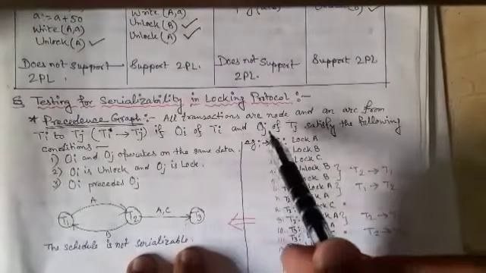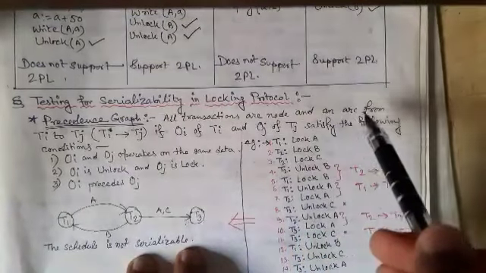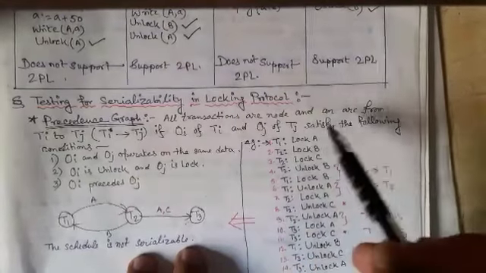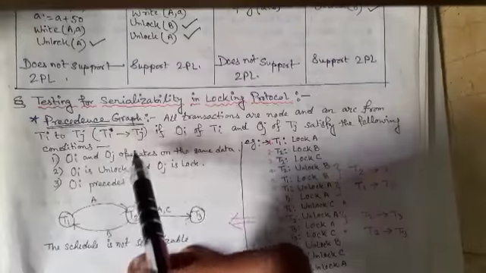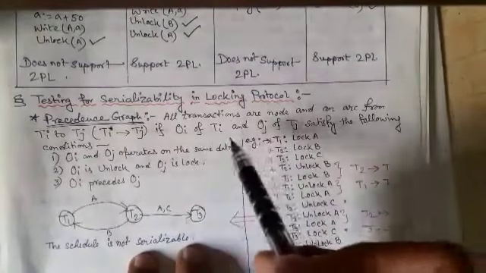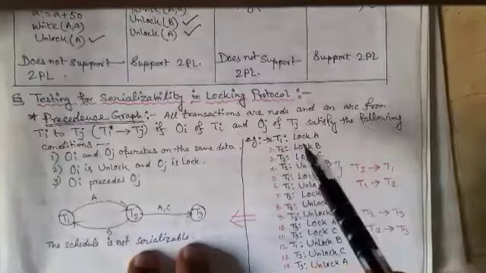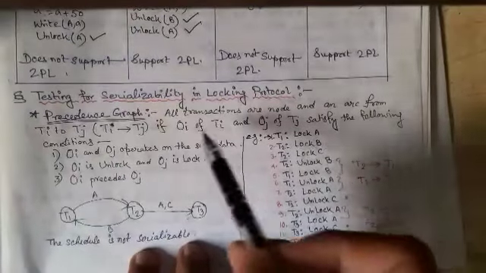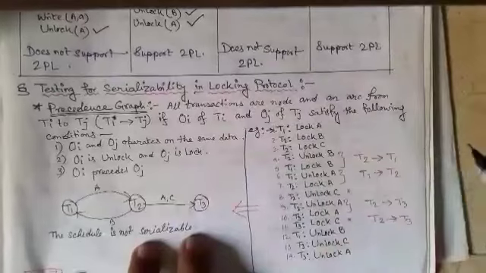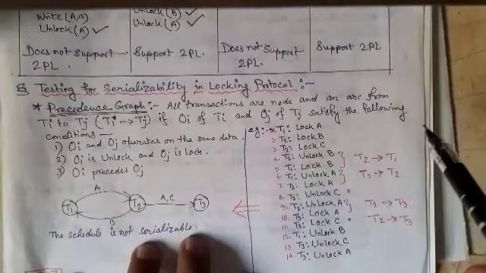All transactions are nodes, that is every transaction is a node, and an arc from Ti to Tj, that is Ti arrow Tj, if Oi of Ti and Oj of Tj satisfy the following conditions. Oi means the locking scenario, that will be Oi and Oj.